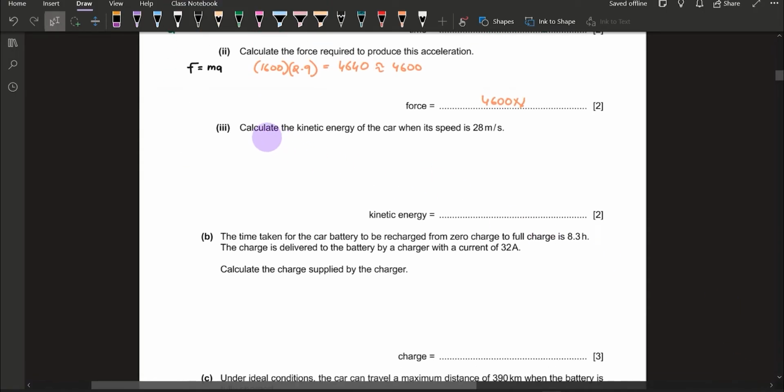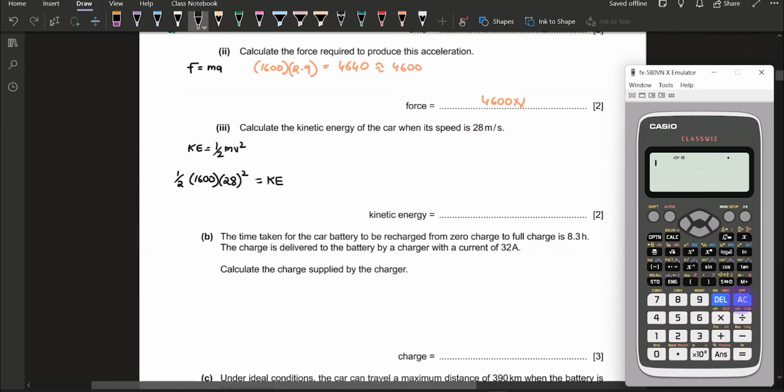Part 3 says calculate the kinetic energy of the car when its speed is 28 meters per second. So we know the formula of kinetic energy, which is half mv squared. We know the mass, which is 1600, and we know the velocity, which is 28. So we can square this and we'll get our answer as kinetic energy.